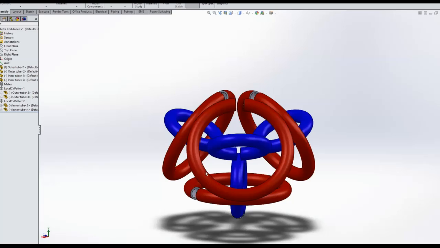But that comes from the 60-degree triangular faces of the tetrahedron, which I think Buckminster was saying is how nature designs. It doesn't use 90 degreeness, it uses 60 degreeness.